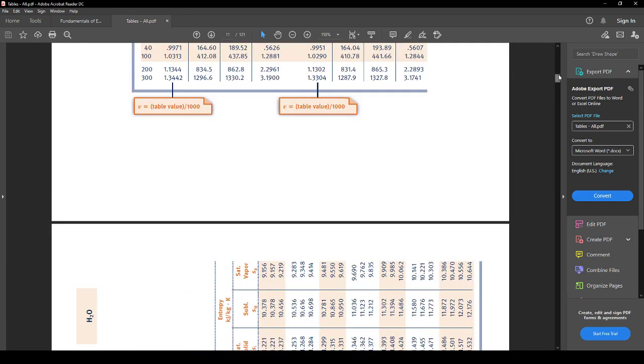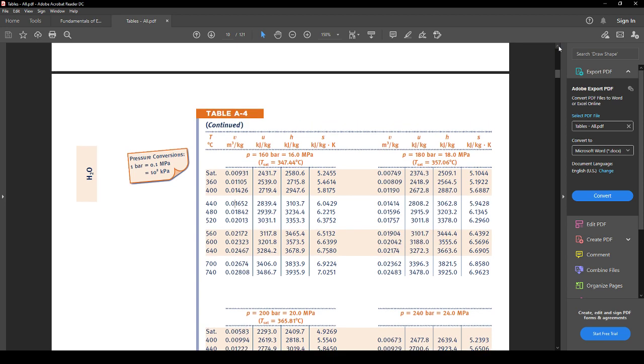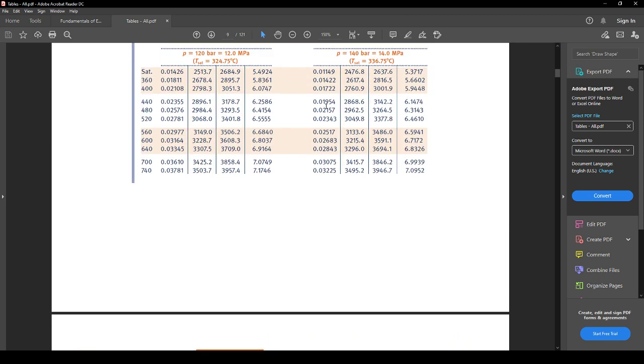But I think you guys, being intelligent and understanding, would know that if we're looking at this temperature line and we get 0.01426 for 16 megapascals, and we look at the same temperature line up here at 14, you get 0.01722, our answer is in between those two.